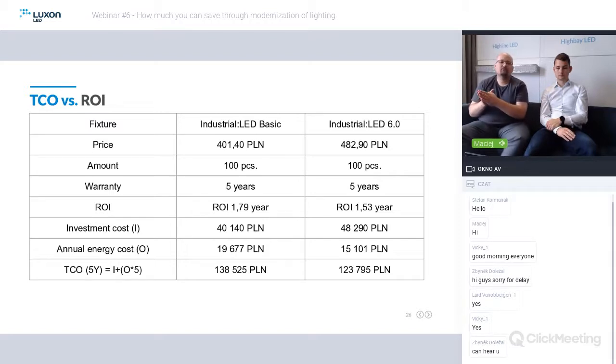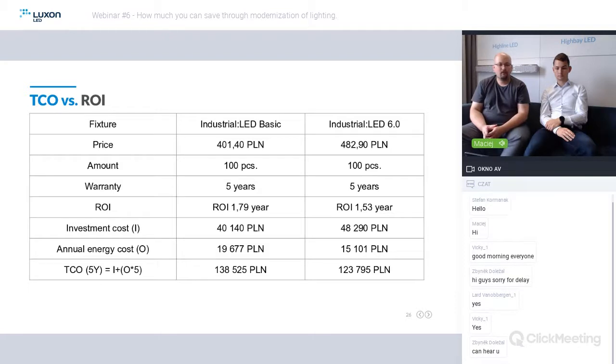So for you, despite the 17% higher cost of the investment at the beginning, the total cost of ownership over 5 years, so a full warranty period for this product, will be lower. This is lower by 15,000, basically. Yes, by 15,000 PLN.